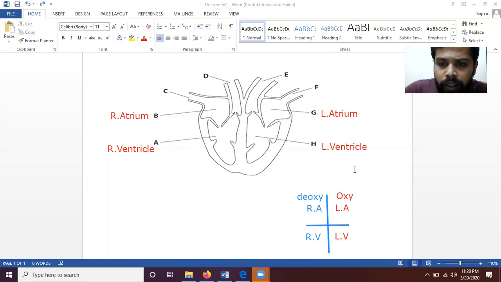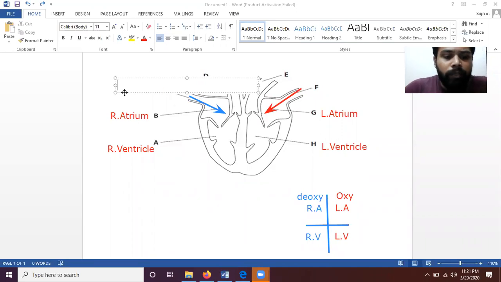Got it? All right, so if I show you in the heart structure, your deoxygenated blood gets in here into the right atrium. And the oxygenated blood gets into your what? Left atrium.